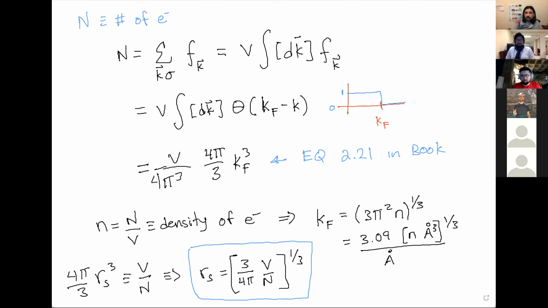All right, so let me go to the next thing that I wanted to talk about. So now I'm going to talk about what is the meaning of KF, density, Fermi level, and then our new friend, the density of states. So the energy of the most energetic occupied state is called the Fermi energy.